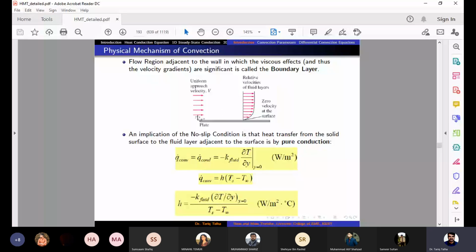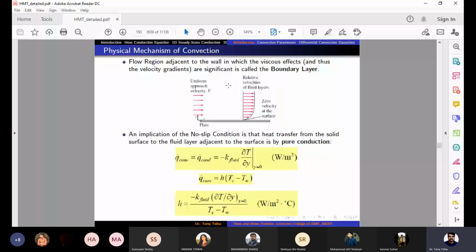That can also be measured by using some device. So the only thing which is not known to us in this relation is the gradient partial T by partial Y at Y equal to 0. In order to get that, we need to know the temperature field in this boundary layer.